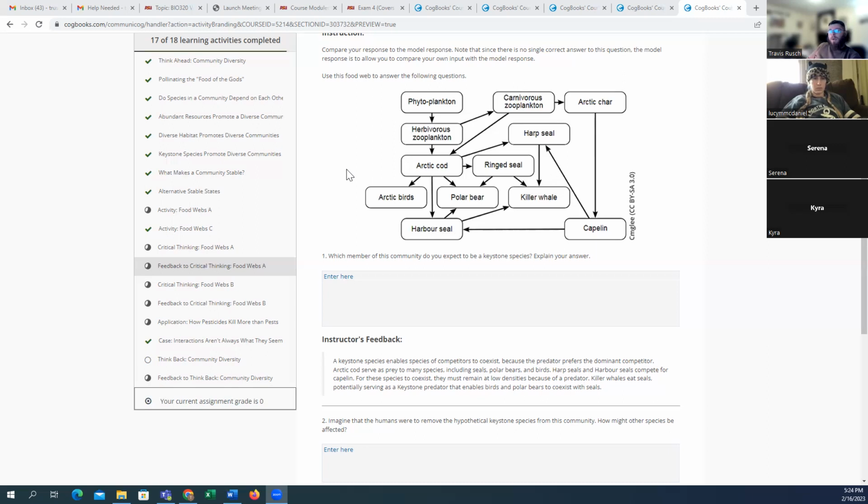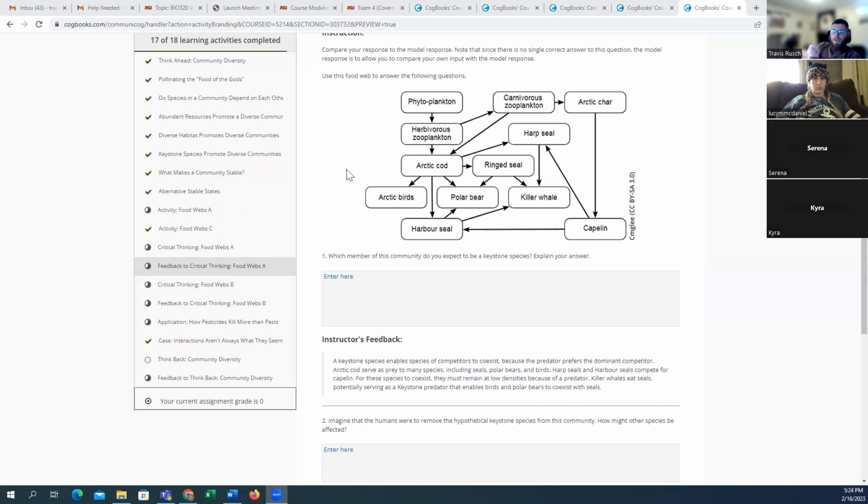Not always, but a lot of times, keystone species are some level of predator, if not the top predator. Part of being a predator is you eat organisms below you. If there are many competitors below you and you predate on them, the one that grows the highest is the most likely to be predated on.